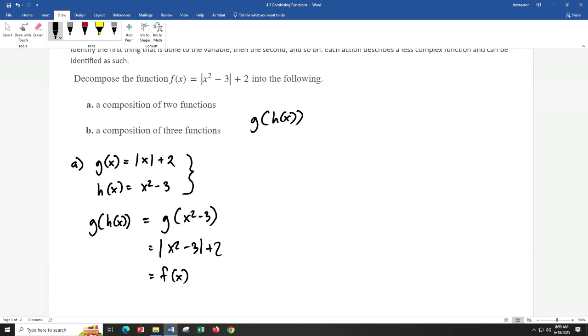And I said, let's evaluate this for when x is equal to 3. Can we all agree that this will turn into g of h of 3 first? Right? You plug in the 3. That's literally what I did right here. I plugged in the 3 right there, and therefore, then what happens?